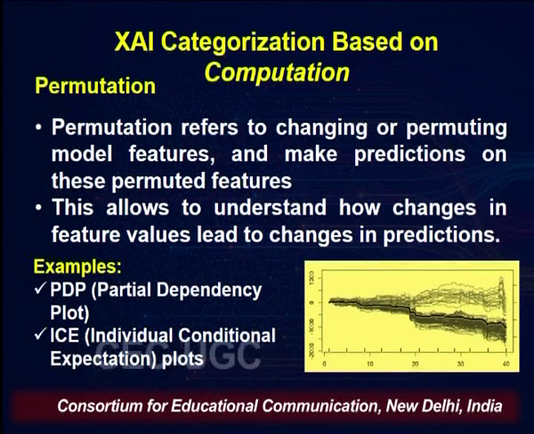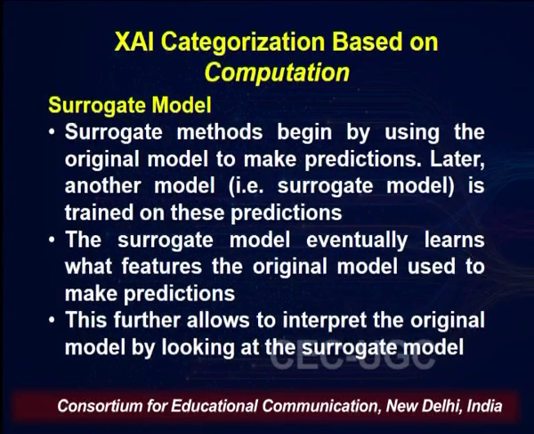So in a surrogate model, what happens? We start the process using the original model to make the predictions. Whatever the model is, we originally train it and make it capable of some kind of predictive analytics, and then later the same model is preserved and another model, the surrogate model, is employed to train on the predictions of the original model.